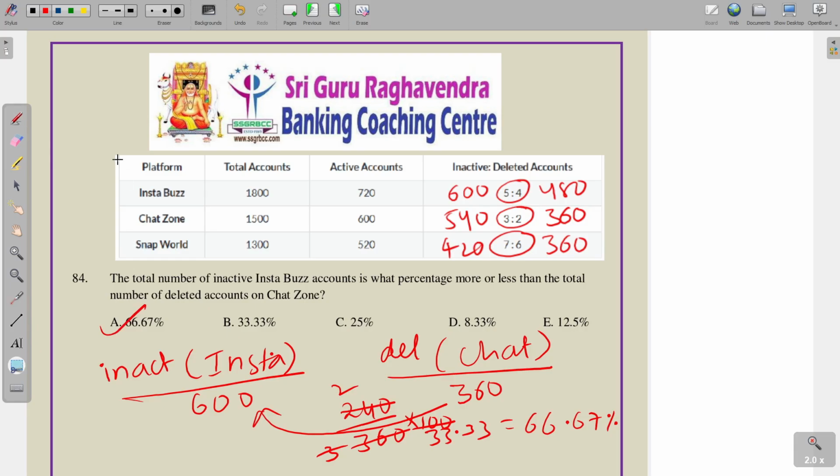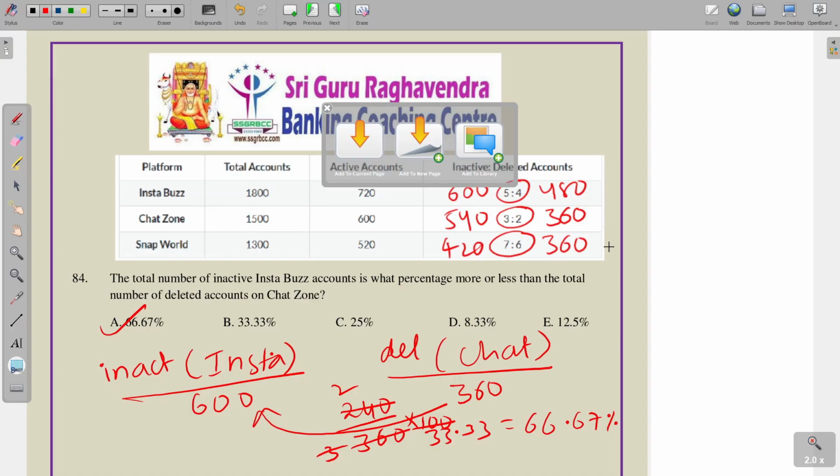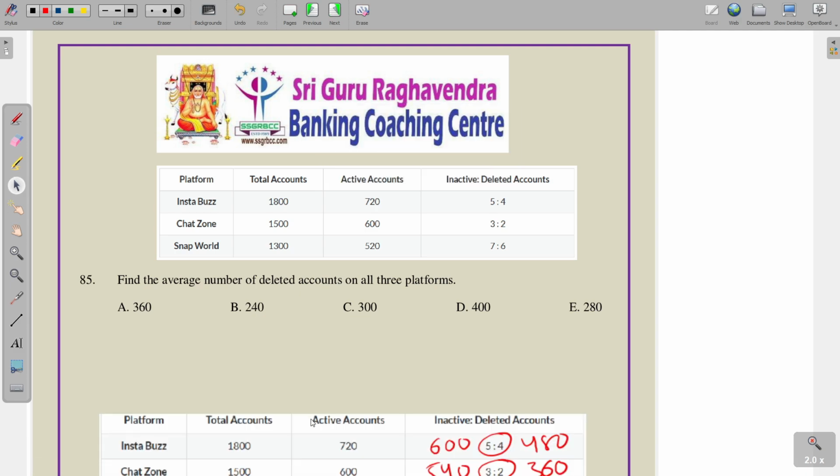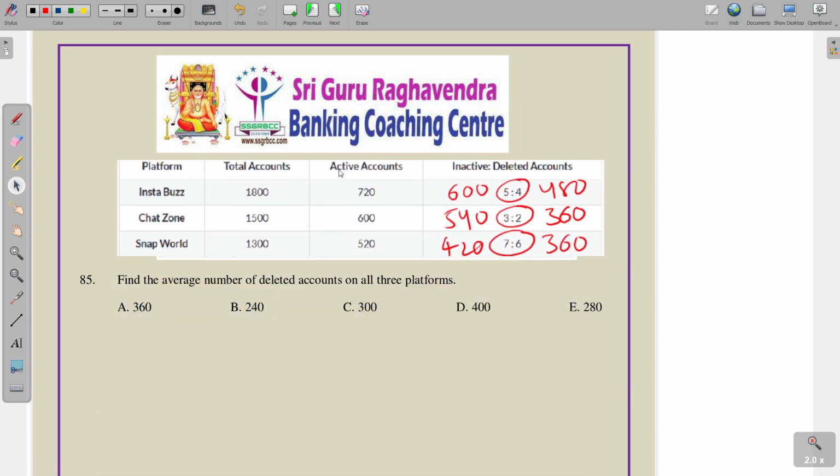In the same way, next, find the average number of deleted accounts on all the three platforms. The deleted accounts are 480 plus 360 plus 360.